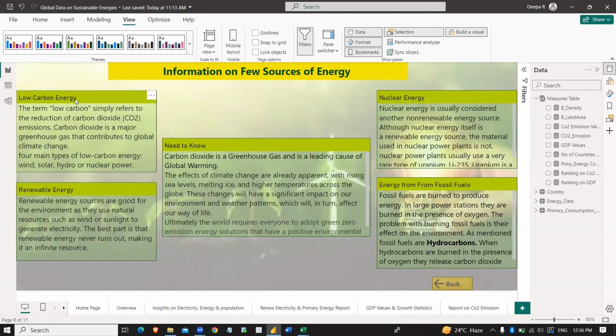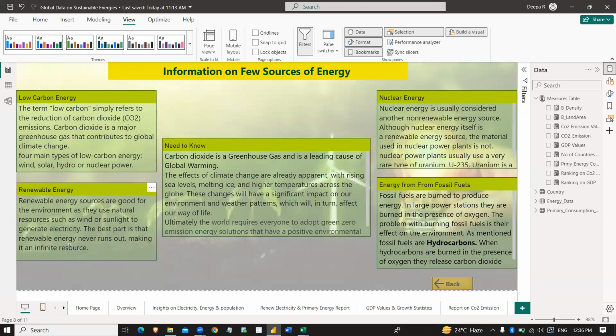See, when it comes to low carbon energy, when we generate electricity using low carbon, less emission of carbon dioxide will be there. Okay. And the four main types of low carbon energies are wind, solar, hydro, and nuclear power. Whereas renewable energy sources are good for the environment, as we will be using natural resources to generate the electricity, which are never going to go extinct.